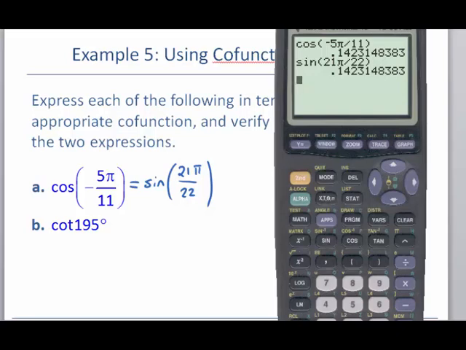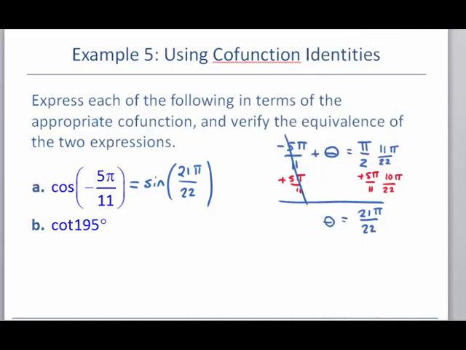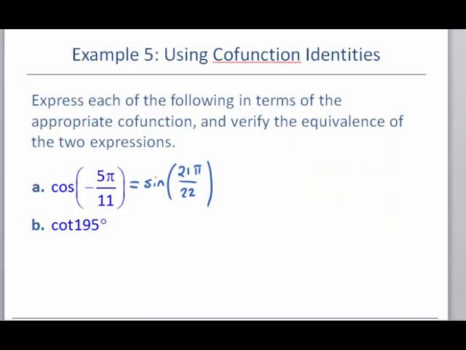Okay, so let's look at our second example. Our second example has cotangent 195 degrees. And so what we want to do is say that the cotangent and the tangent match up as cofunctions.